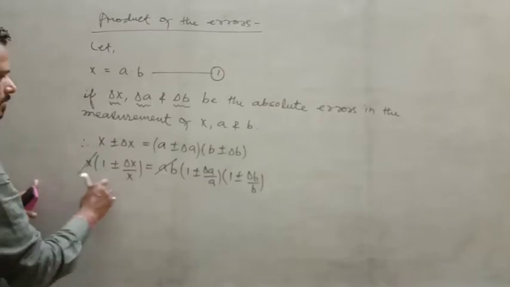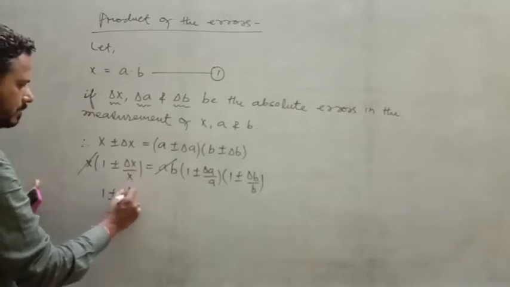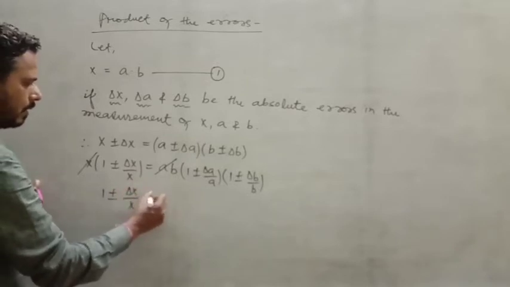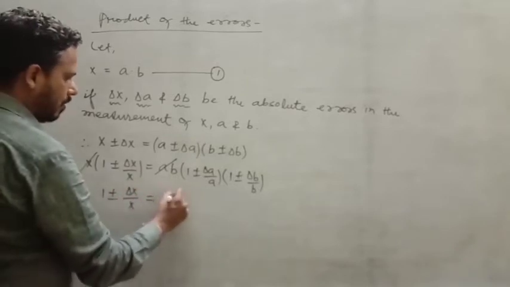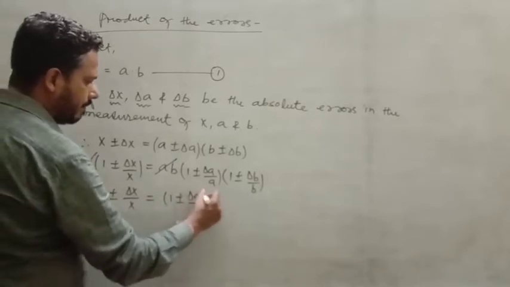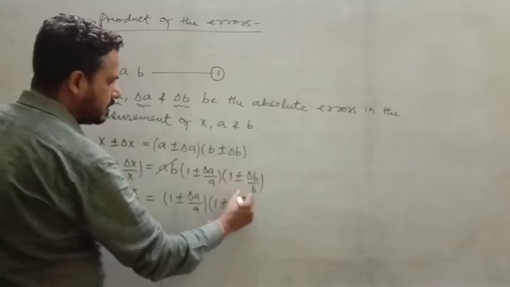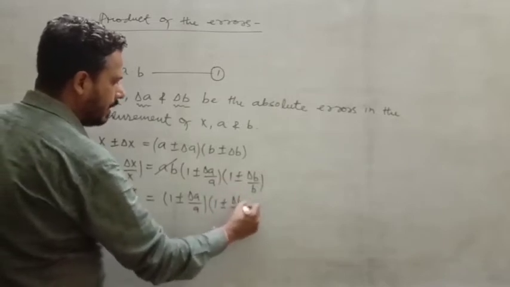So inside you have 1 plus minus delta x by x equal to 1 plus minus delta a by a, and another factor 1 plus minus delta b by b.